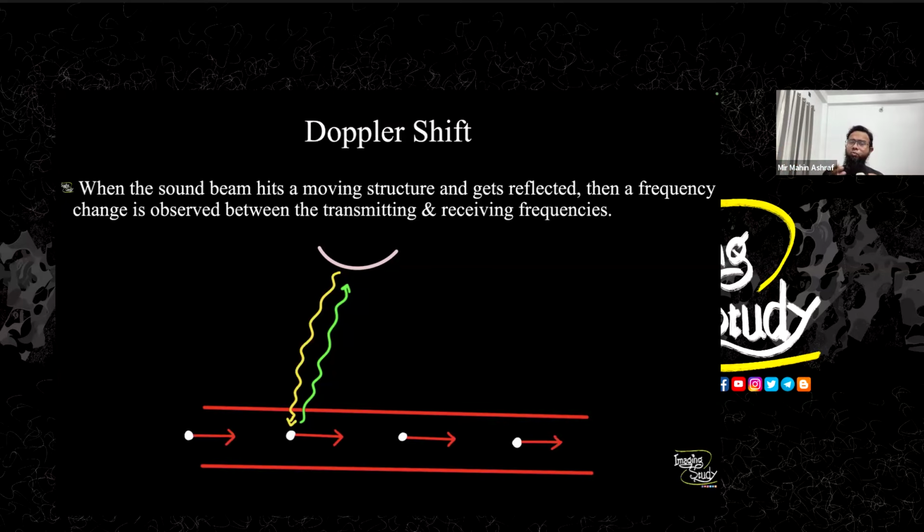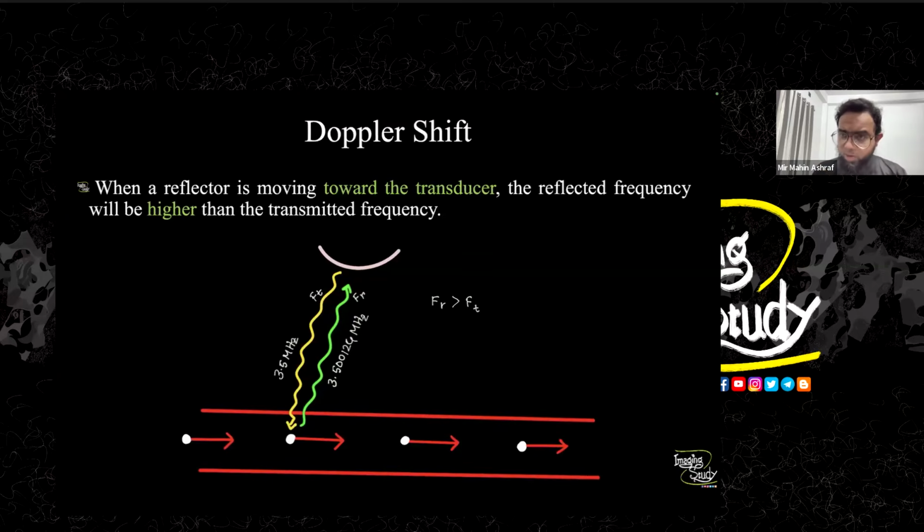But when we are putting sound into a moving structure, like blood, the RBCs, we put sound into the blood vessel and it gets reflected from the moving RBCs. The frequency that we transmitted is not the same as what we receive. There is a change of frequency. This is called the Doppler shift, the change of frequency from a moving structure. When the structure is moving towards the transducer, the frequency change is positive, higher than the transmitted frequency.